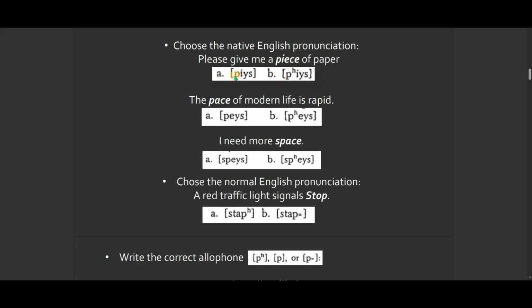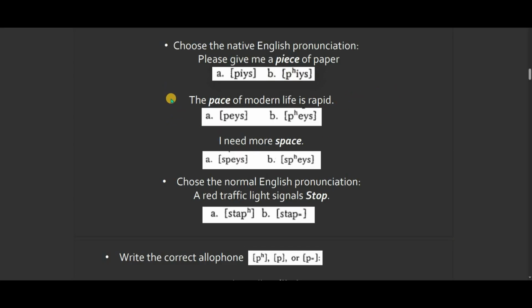A, piece, or B, piece? So in this case it will be B, right? Piece, since the h right above the P will tell us that it is aspirated.